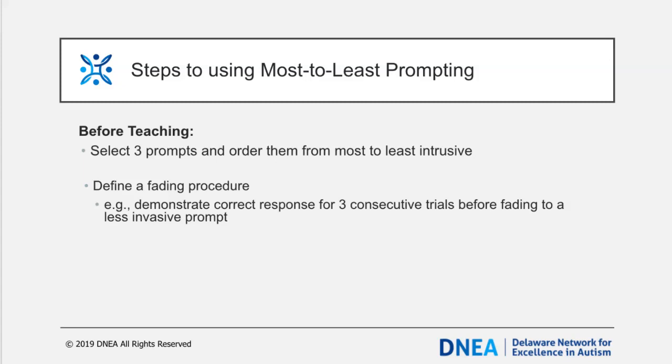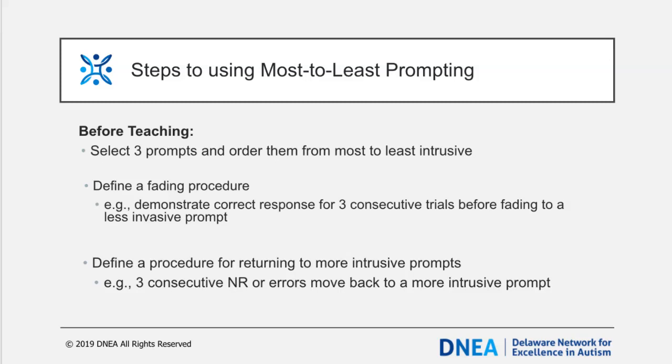That is, you should define how many times the individual will perform the skill correctly with that level of prompting before introducing a less intrusive prompt. It is also important to consider a procedure for returning to more intrusive prompts if needed. This may occur when you are fading a prompt and the individual begins to respond incorrectly.